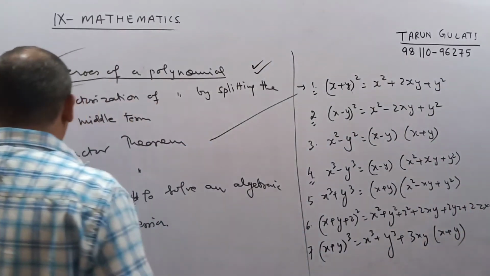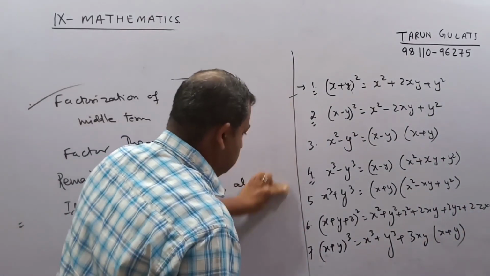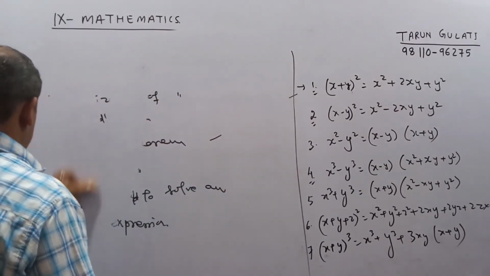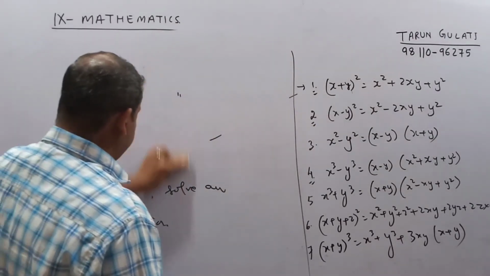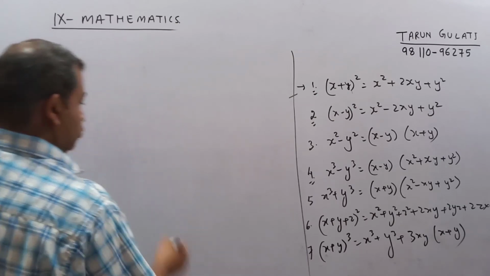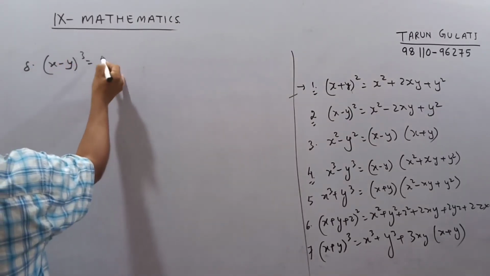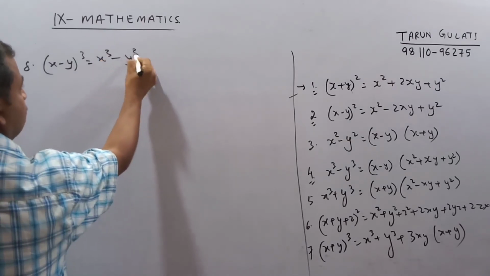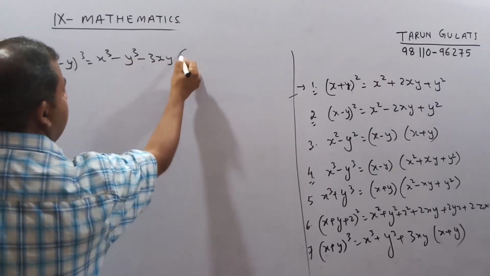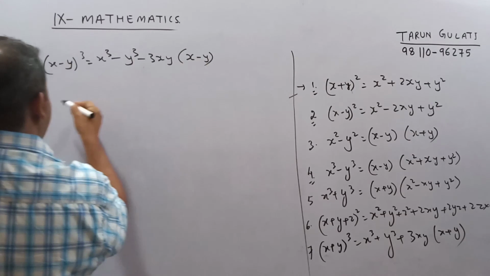Then x minus y whole cube is x cube minus y cube minus 3xy into x minus y.